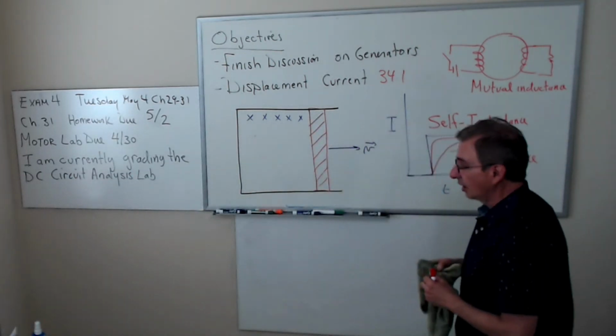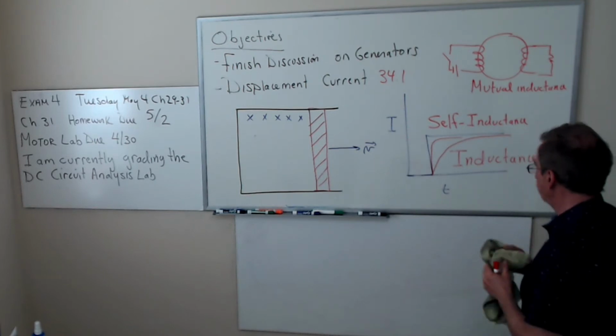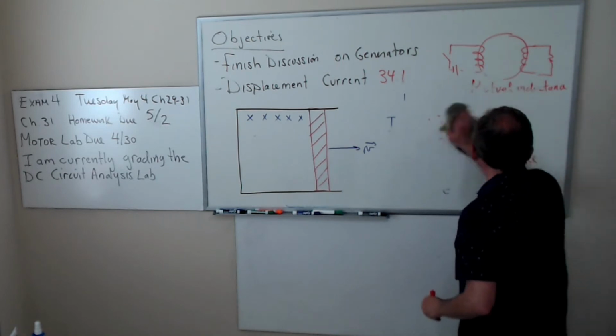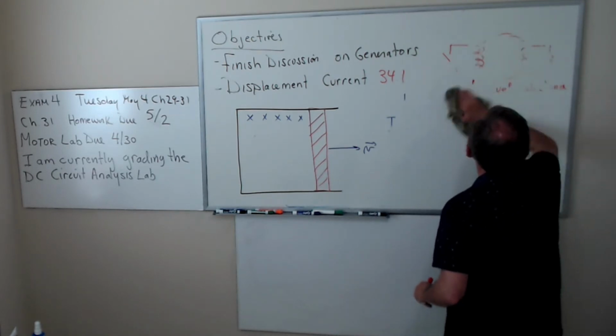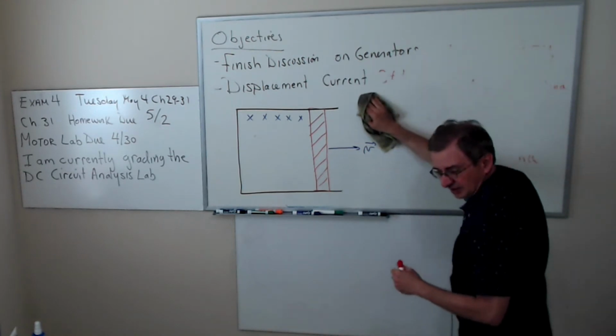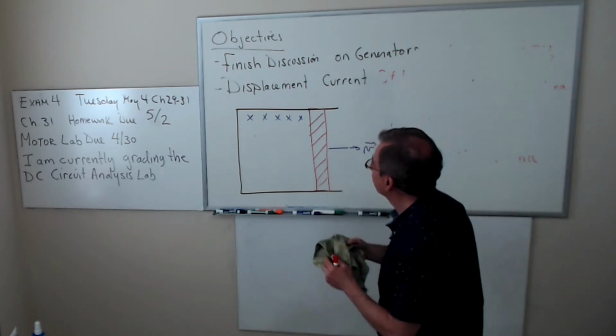Sure. Cool. Okay, so now let's look at the generator. And I think I showed you a simple example of a generator the other day. I had this little toy that I spun around and made the light go on, right?